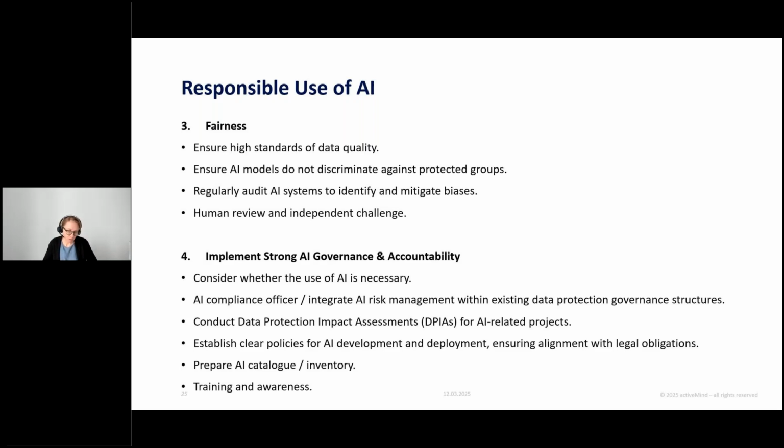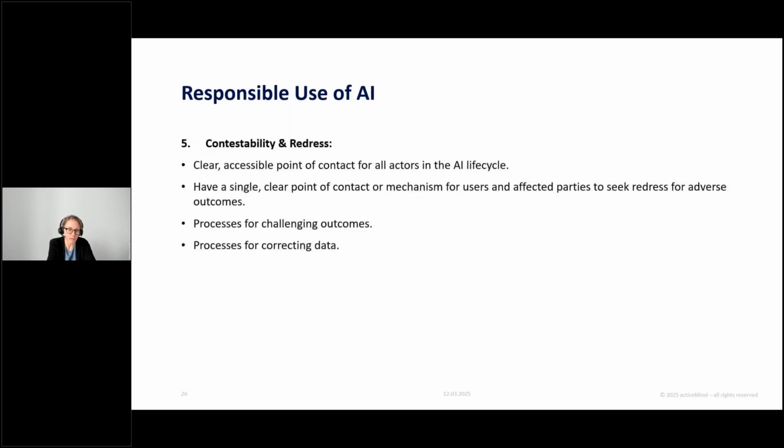The fifth principle on contestability and redress asks you to have a clear, accessible point of contact for all actors in the AI lifecycle. If a business contact or a consumer is complaining, who can they go to? Could be the data protection officer or the data protection contact person.